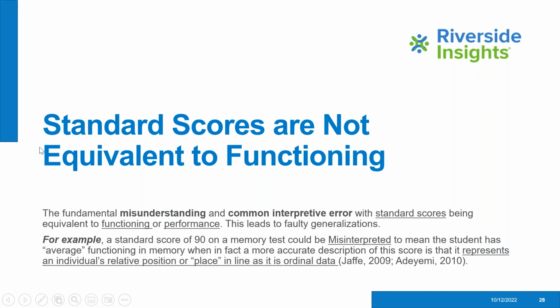We've got to remember that they're not equivalent to functioning. Those standard scores are really looking at where that student scored, where that student performed in relation to that normative sample. In order for us to understand true functioning, we've got to look deeper into that RPI.